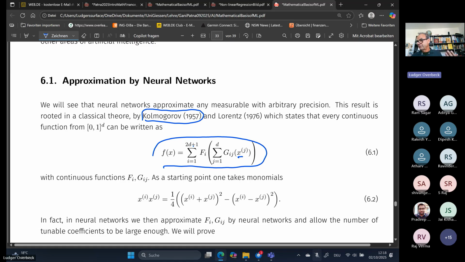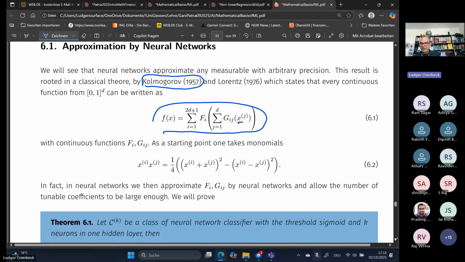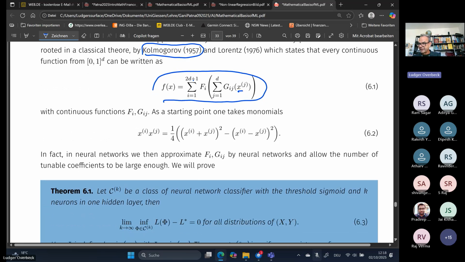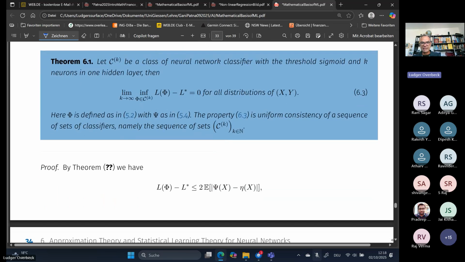And for this type, the question is which functions are dense. Of course, what everybody knows from textbooks is that polynomials are dense by the Stone-Weierstrass theorem.